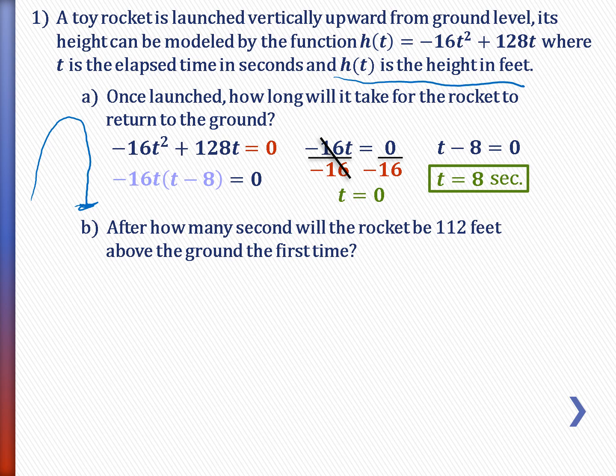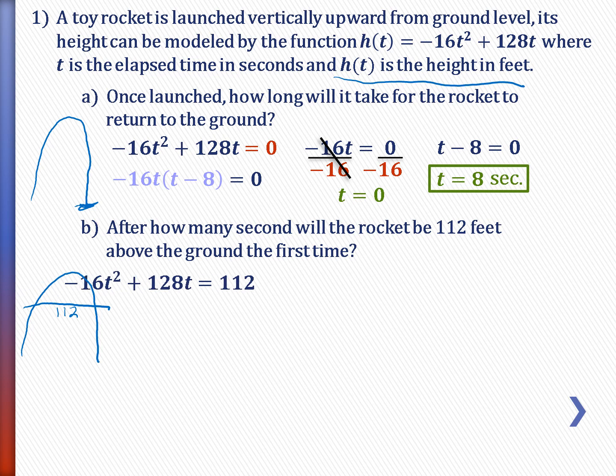Because again, the rocket is going to be launched and it's going to come back down. So at some point, it's going to reach 112 feet. It'll pass through 112 feet, keep going, and then on its way back down, it will pass through 112 feet again. So I'm going to set h of t equal to 112.